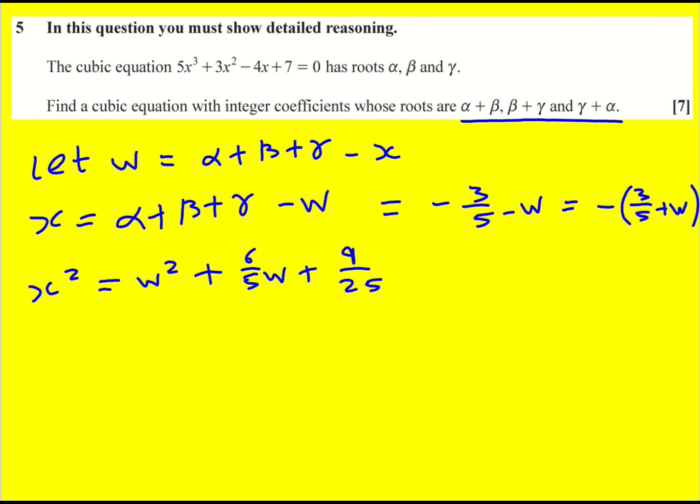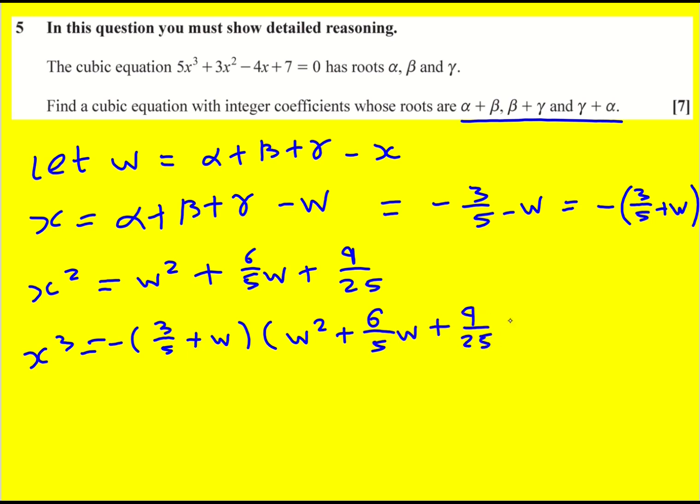There we go. And then x cubed, just multiply it all together again. And yes, there's fractions going on, but actually it turns out this is so much quicker than our original method. So it's one to be aware of.